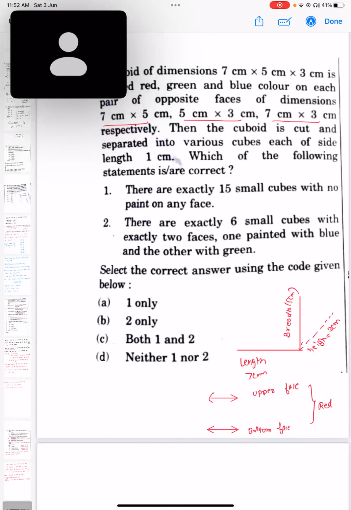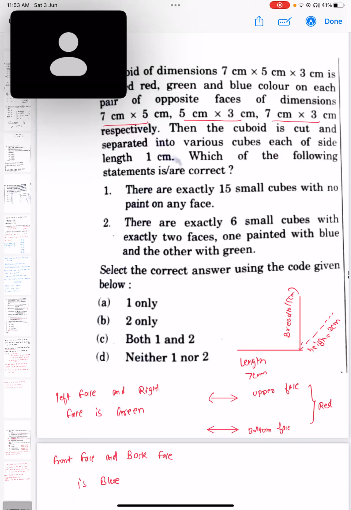So the left face and right face are green. And similarly, the front face and back face are blue. You have to imagine this in your mind that we have a cuboid in front of us. The front face, which we see, is blue. The back face is blue. The left face is green. The top face is red, and the bottom face is also red.